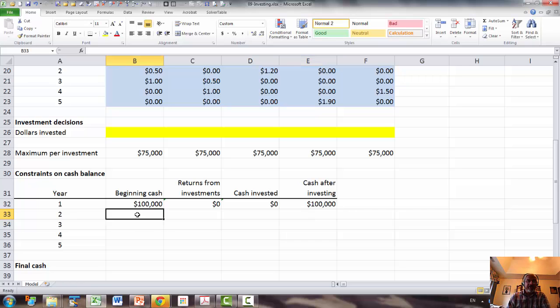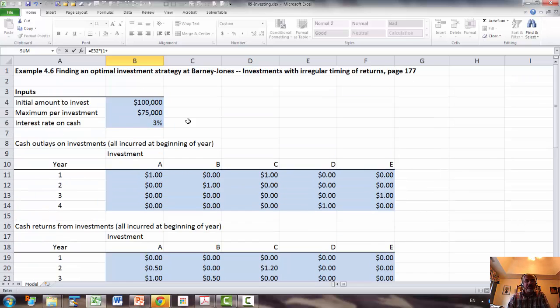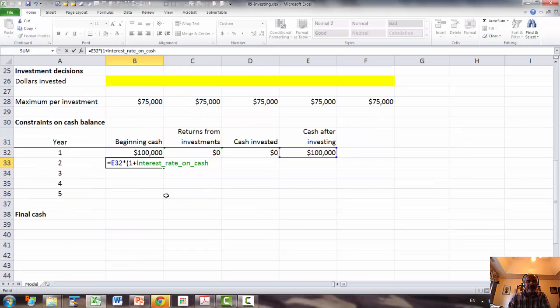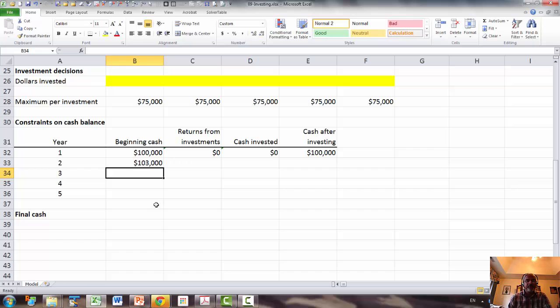So for the beginning of next year, you'll have the cash left over in the previous year, and that will get us a return at the interest rate on cash. So that would be the beginning cash position for the beginning of year 2.